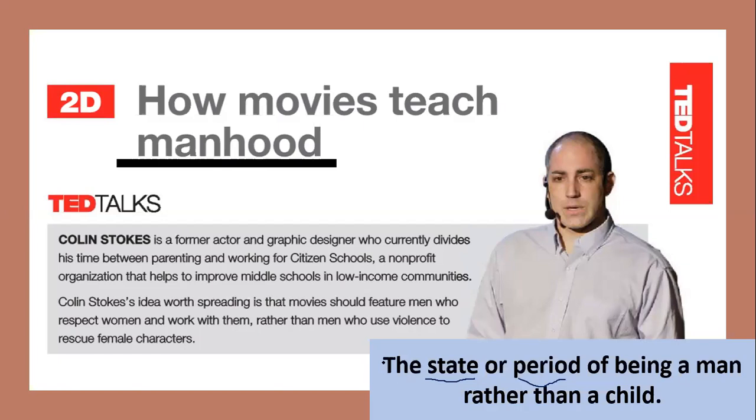So it's a state, as I have it here in the presentation, the state or period of being a man and not a child anymore or a teenager anymore. So it's a state or the period where the boys become men, and then they are men all their lives.